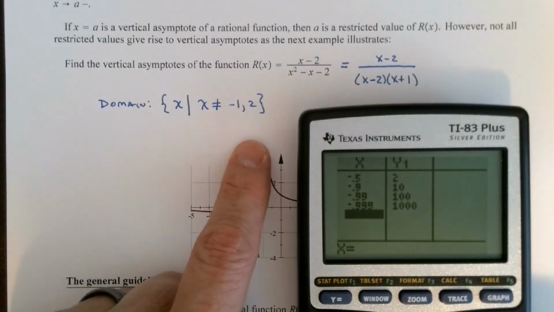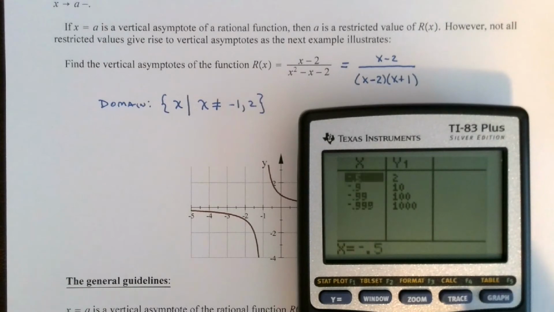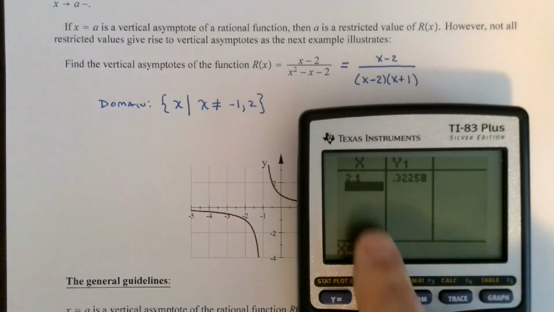What about at 2? Well, again, if I plug in 2, I'm going to get an error because there's no output. Right? Let's plug in a value close to 2, like 2.1. Okay, so that's pretty close to 2.